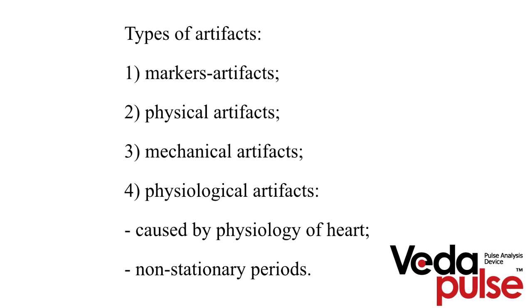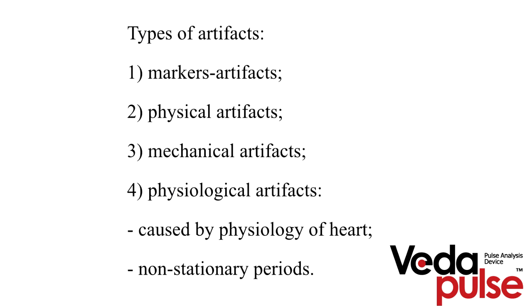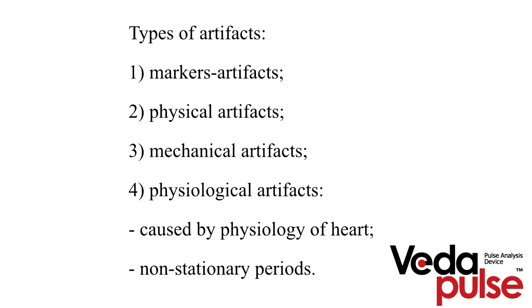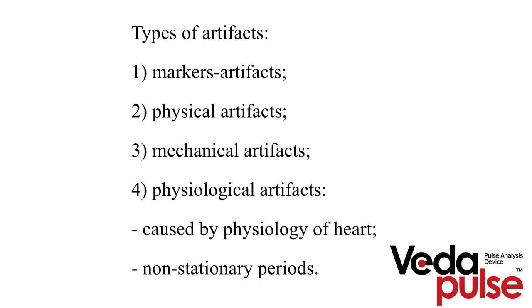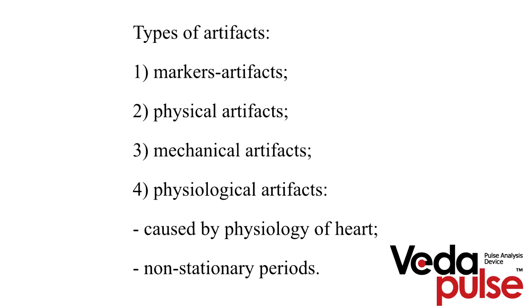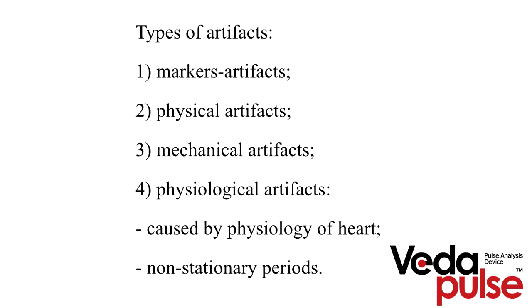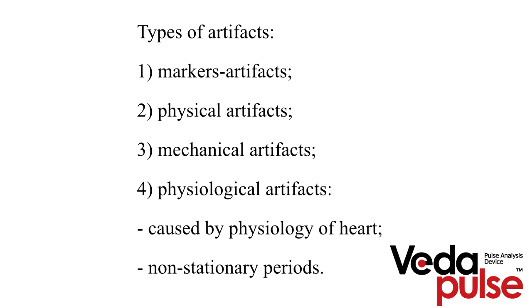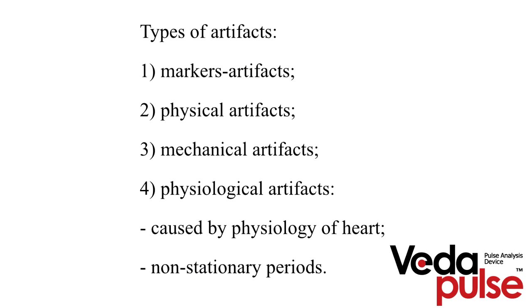Now let's go through the types of artifacts. There are several of them. First of all, it is marker artifact. It can be additional, missing or dislocated marker. Then there can be physical artifacts. For example, electromagnetic influences, radio signal, poor electrode contact, or maybe conductor break or some vibrations.